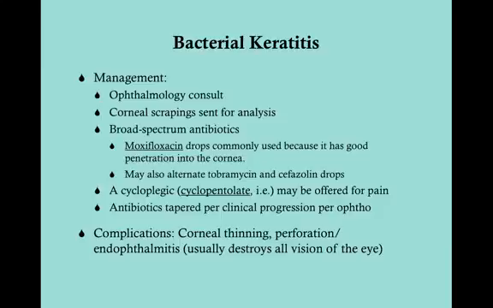And so what's typically done now, and this is a change from what was done several years ago, is that moxifloxacin is given because moxifloxacin has very good penetration into the cornea, and it's also, as one of those, I think, fourth generation fluoroquinolones, it also has good coverage for Pseudomonas. Another regimen that can be used is an alternation of tobramycin and cefazolin.